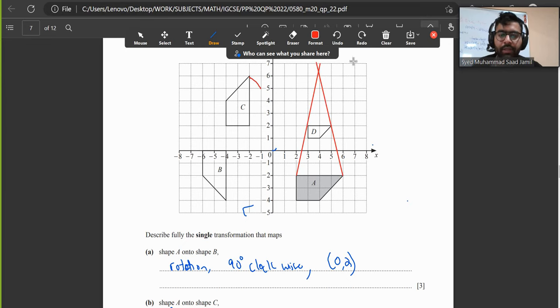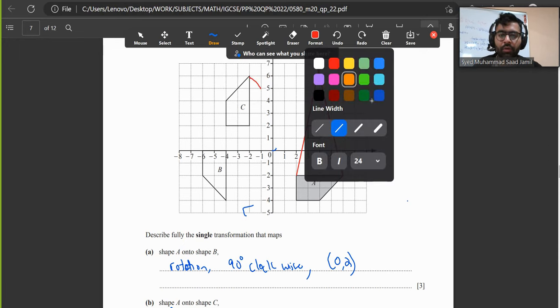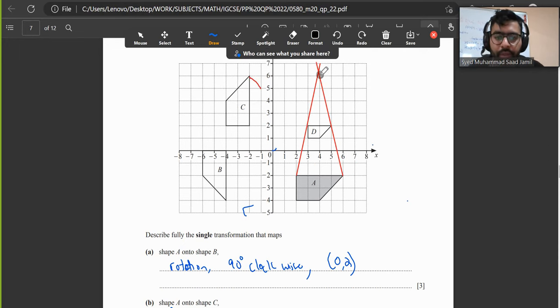So if you look at it, this point is joining at this point, 6, 4. Just because my scale wasn't perfect, I wasn't able to make it, but it's joining, sorry, 4, 6. 4, 6. All right. So your answer is going to be, this is enlargement.